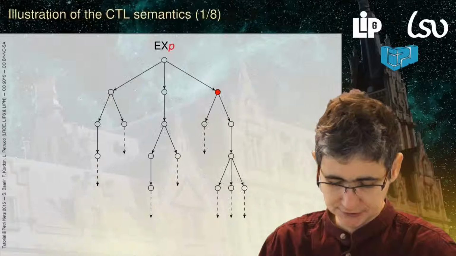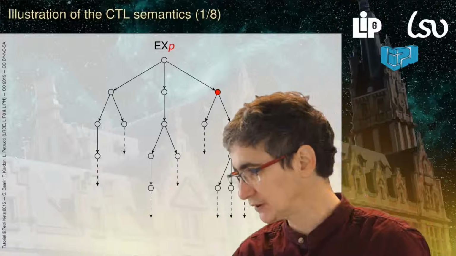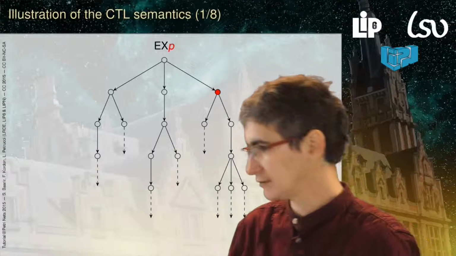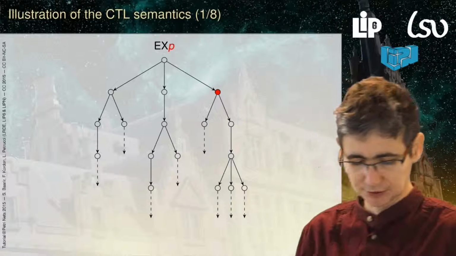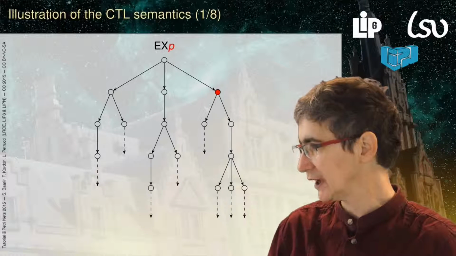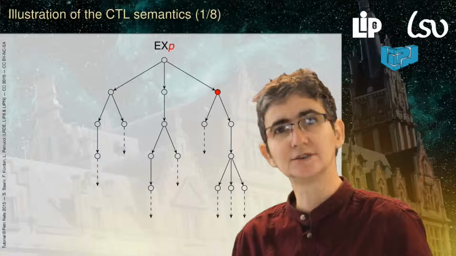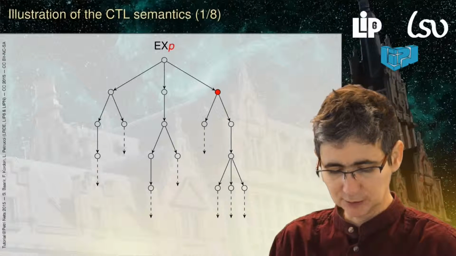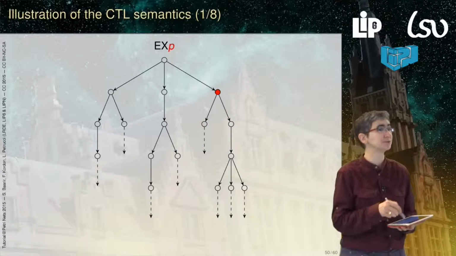As for LTL properties, we'll see how it can be depicted on the set of states here. So you have a tree. Let's say the tree represents the Kripke structure of our system, where we want to verify the properties, and we want to verify that EX p is true. The same as for LTL properties in the previous sequence, we'll color the nodes that satisfy some properties with the same color as the formula.